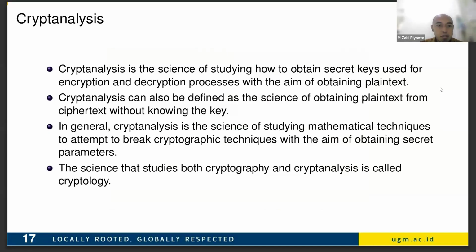And now I introduce cryptanalysis. It is the set of the cryptography. That is, cryptanalysis is the science of studying how to obtain secret keys without knowing the key.